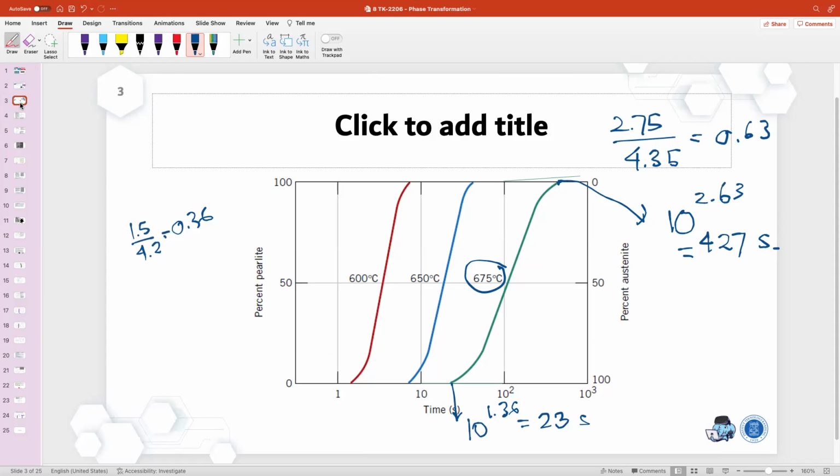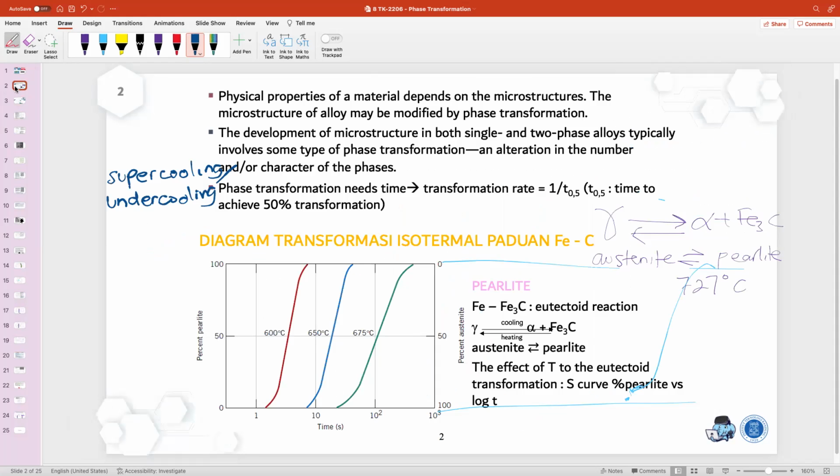Okay, so I hope you should know how to use this logarithmic scale. So go back here. For the transformation diagram of the Fe, the iron and carbon alloys, rather than doing it at a high temperature at 727 degrees Celsius, what we can do to make it faster is to do it at a lower temperature.